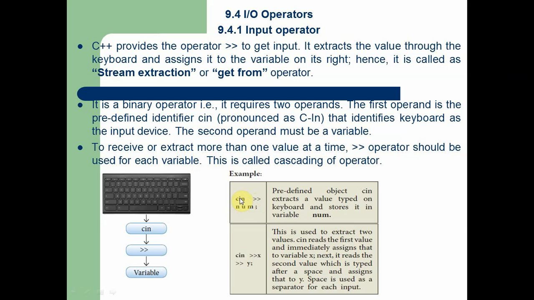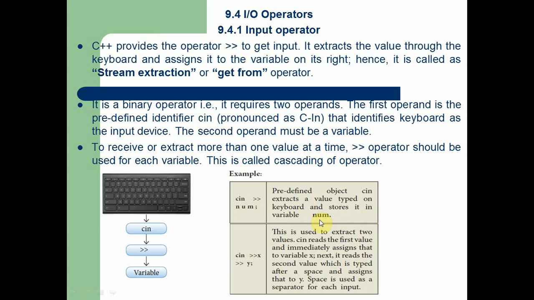Whatever data is entered on the keyboard is stored, and because this is a get from operator, the input operator extracts the value stored in cin and sends it to num. Here num is the variable. The predefined object cin extracts a value typed on the keyboard and stores it in the variable num.